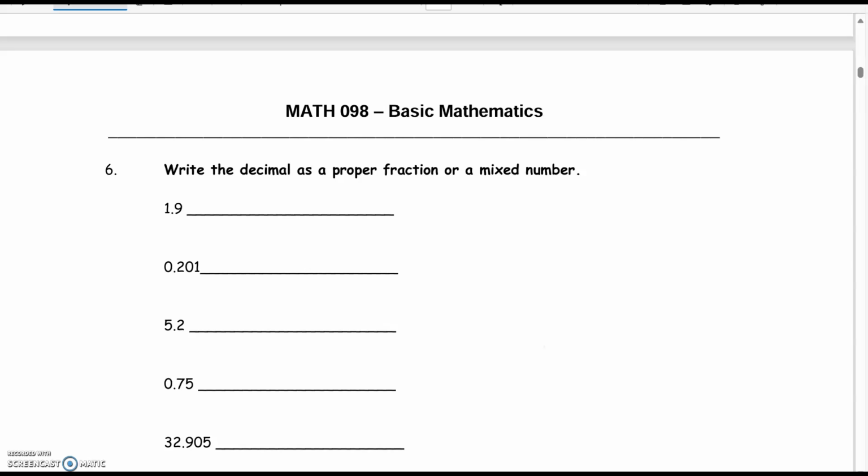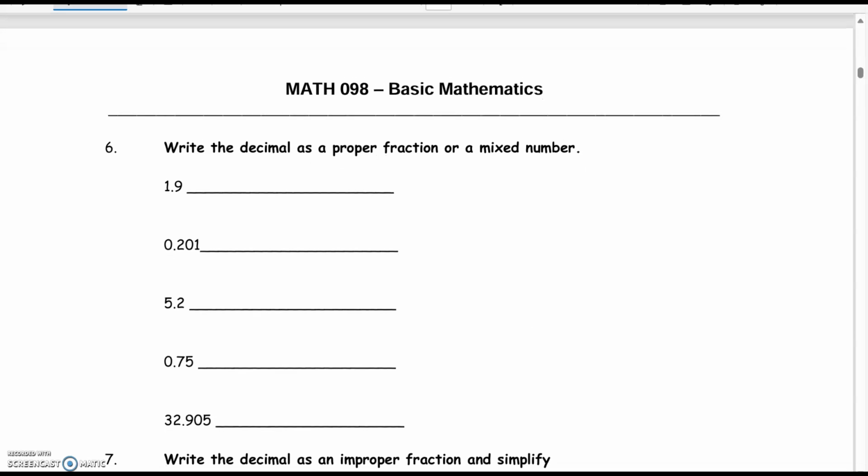Now here we're going to see the connection or the relationship between mixed numbers and decimal numbers. So 1.9, how do we read it in words? It's 1 and 9 tenths. So just as we read it, we're going to write down the mixed number.